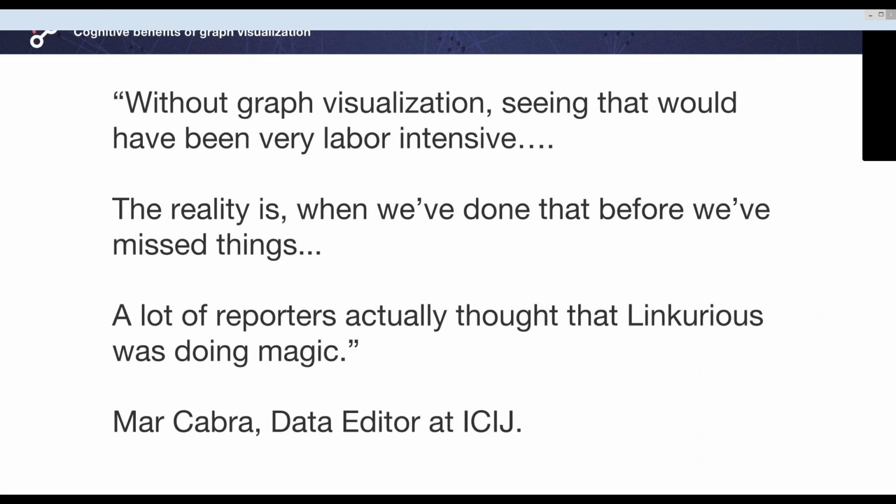Actually, the Linkurious interface really augmented the analytical capabilities of the investigators. As Mar Cabra explains, without graph visualization, seeing that would have been very labor intensive. The reality is, when we've done that before, we've missed things. A lot of reporters actually thought that Linkurious was doing magic.